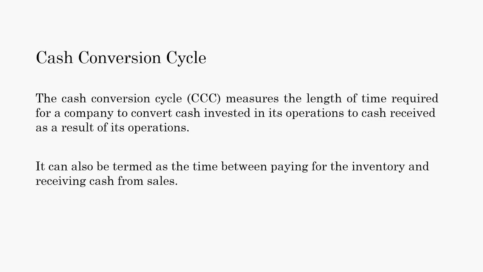So the cash conversion cycle is the time between the payment of cash for the inventory that you have purchased and the time when you receive cash for your sales.